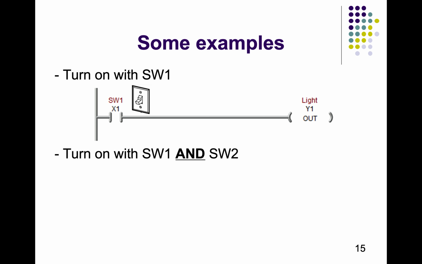Now if we want to turn on a light with a switch with a PLC, this is a simple program we can write. We will use switch 1, X1, on the contact side and light Y1 on the coil side. Whenever we turn on this switch, power from the power source will go through here, reach the light and turn on the light.